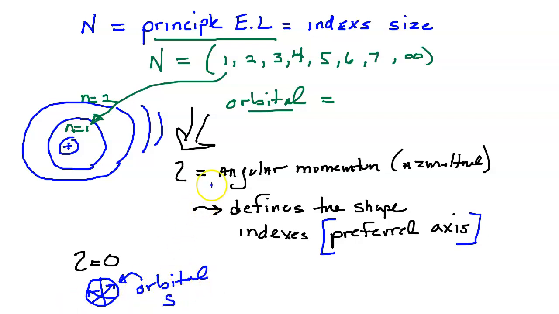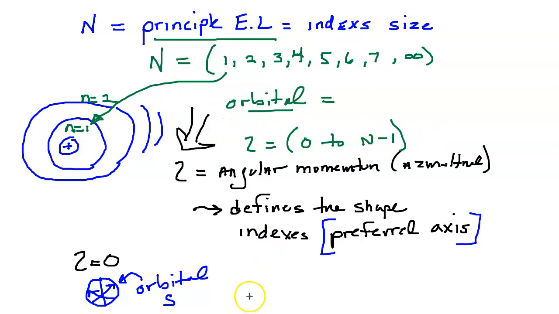Now, what are the restriction rules here? It's important we get that. We'll put that in green. The restriction rule is that L is equal to, and it has to be based on n, 0 to n minus 1. What does that mean? Whatever n I'm in defines how many of these numbers.